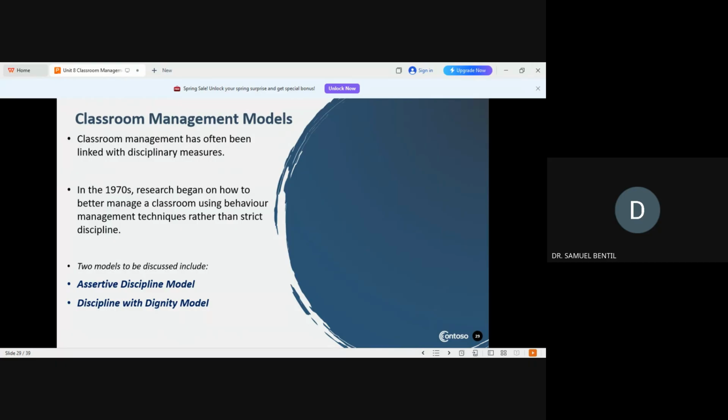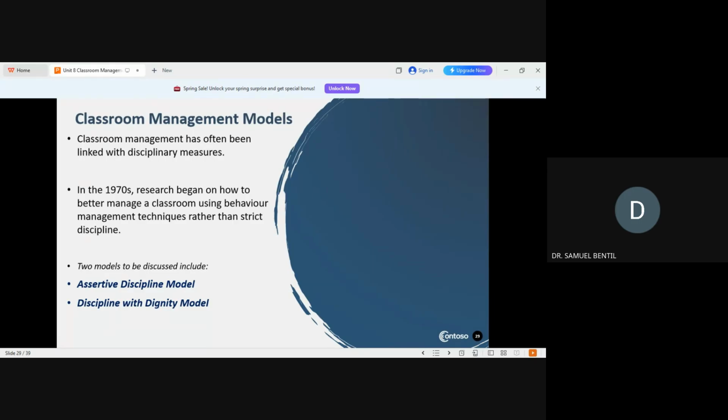Now let's look at classroom management models. In the 1970s, there was research that was sanctioned to determine what are some measures or management models that can be put in place to check student behaviors in a classroom or to create a good classroom environment.